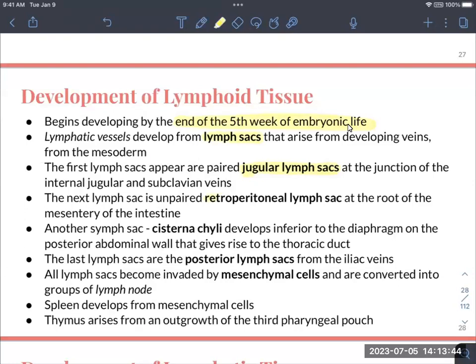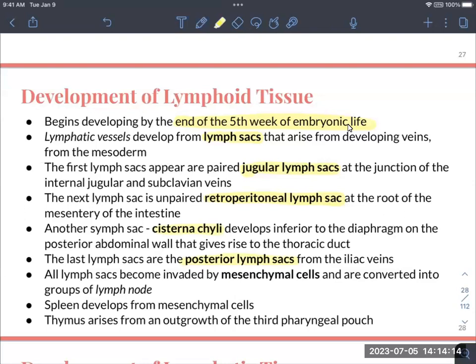Then we get the retroperitoneal lymphatic sacs. This means they're back behind most everything else in the body. Then we also get the cisterna chyli. It's below the diaphragm. The last ones to develop are the posterior lymphatic sacs. Those come from the iliac veins.